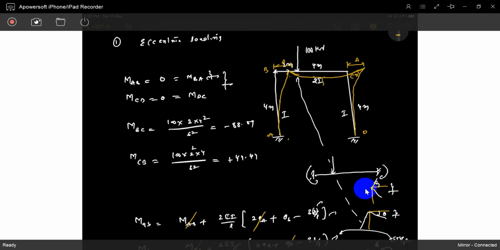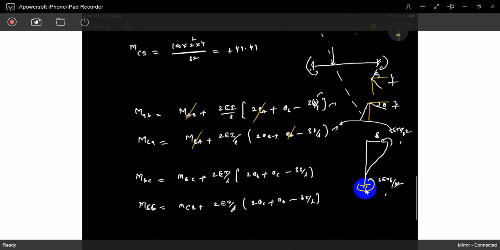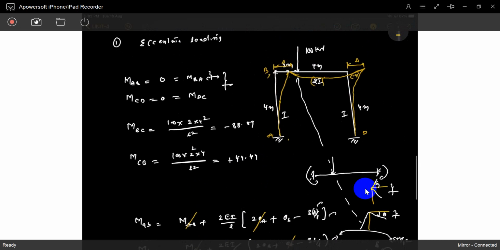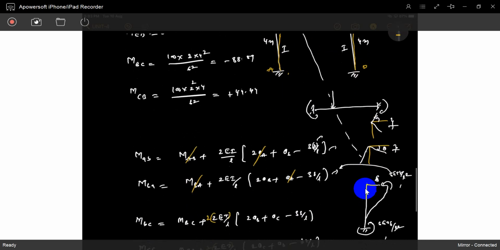It has 2I, not I, so we include an extra 2. Also theta B and theta C are there, because those are joints, not supports. A hinge support has a deflection, but a fixed support has no rotation. But theta B and theta C are joints. A joint has rotation, so we have to calculate it.